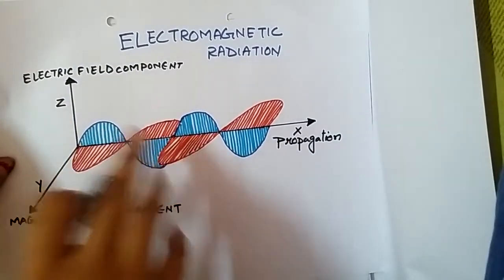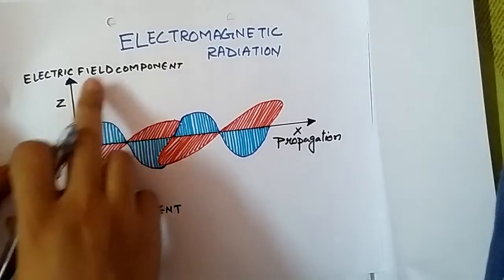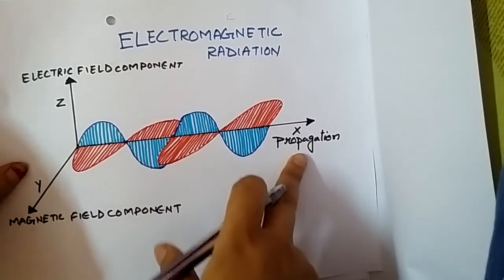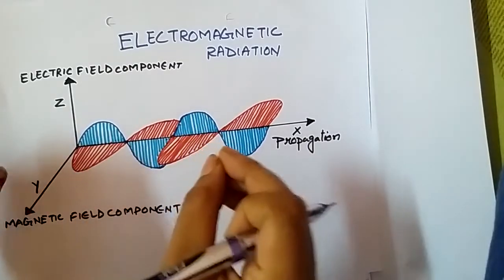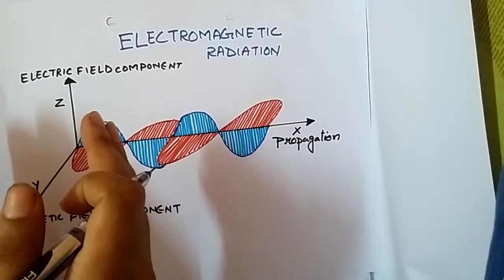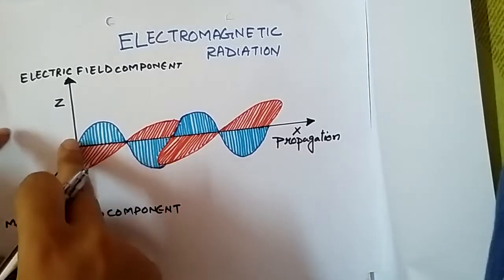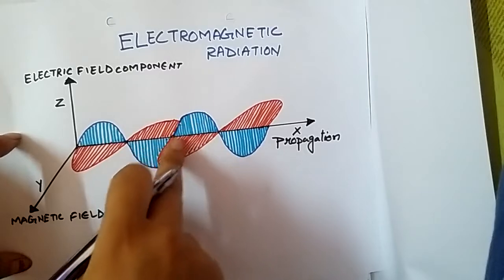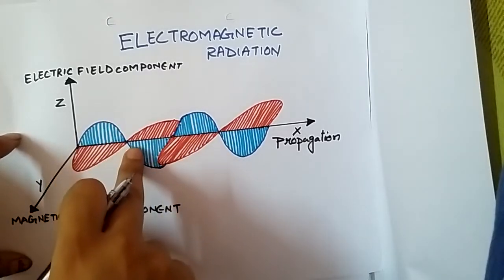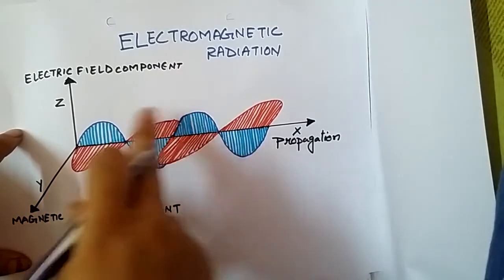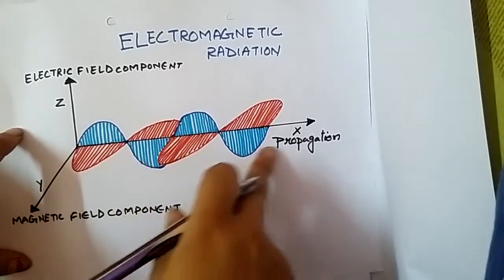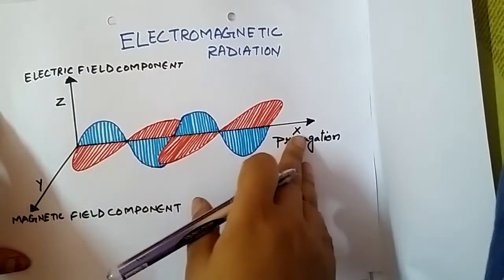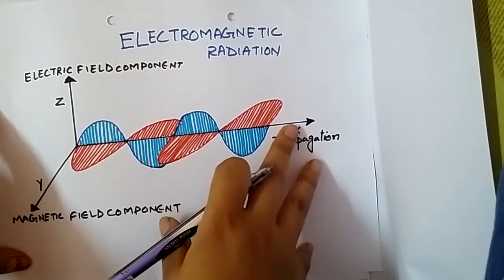You can see that in this diagram, there is an electric field component, magnetic field component, and direction of propagation. So whenever a charged particle is accelerated, it will produce an electric field component and a magnetic field component, and these fields will be produced in the form of waves, and these waves will propagate along a particular direction, which will be the direction of the electromagnetic radiation.